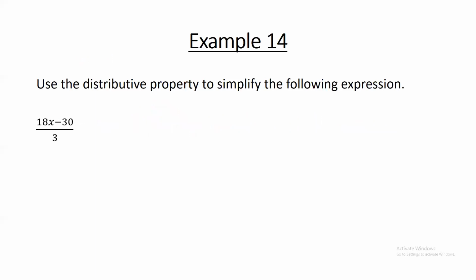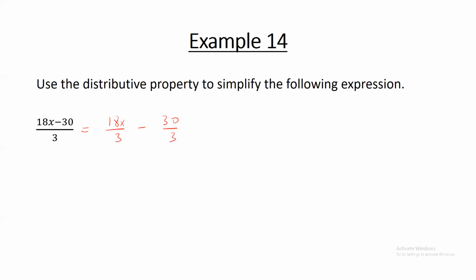(18x minus 30) divided by 3. In this case, we have subtraction and division is going to be distributed over it. Again, I can't really do 18x minus 30 because I don't know what x equals, but I can certainly distribute: 18x divided by 3 minus 30 divided by 3.